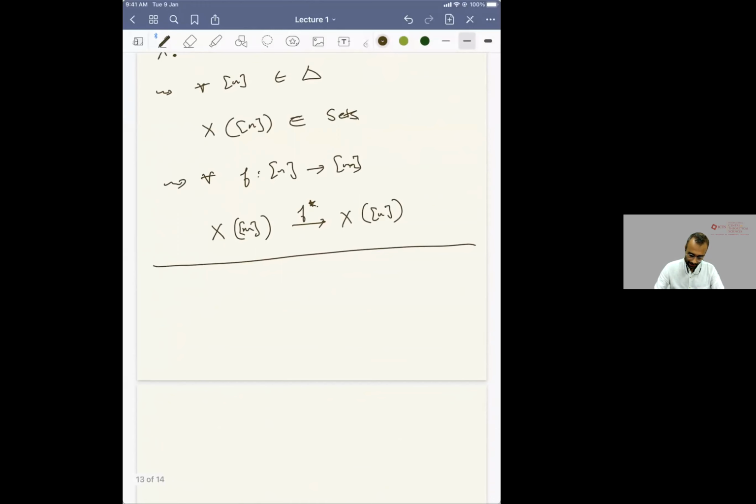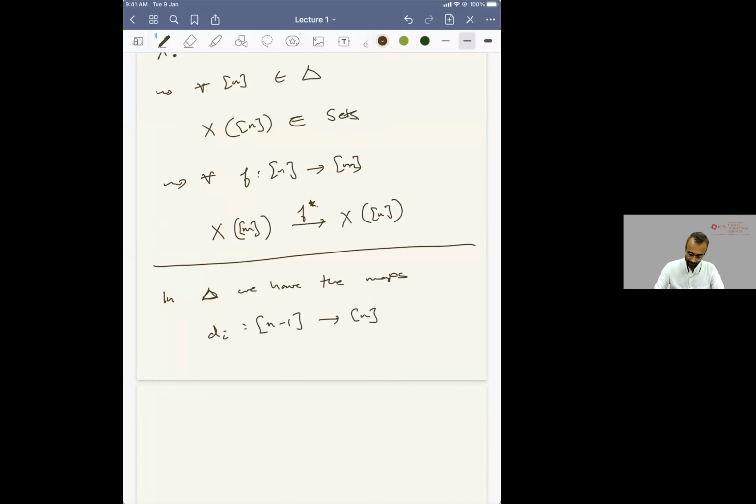So in delta, we have the maps di from n minus 1 to n, which misses the ith element.